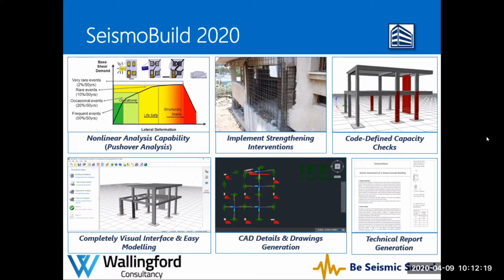You can reassess based on the code-defined capacity checks, as I showed in this picture here. The graphical user interface is extremely easy. Later I will show you in our example, and you will see very clearly that doing the assessment is very easy and the workflow is very straightforward.